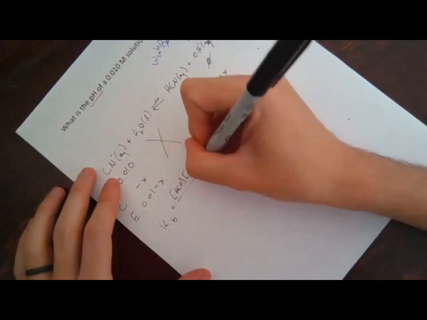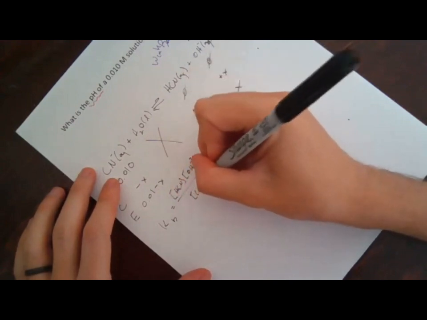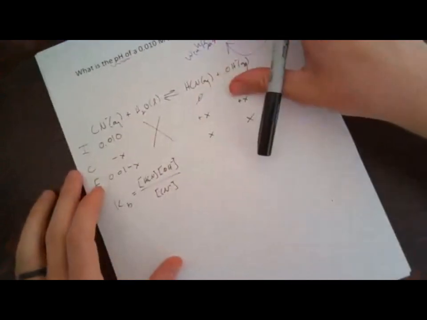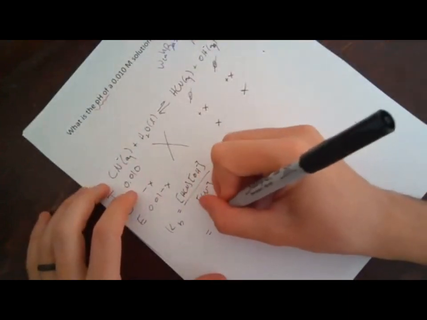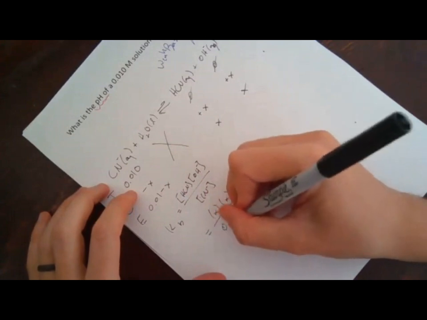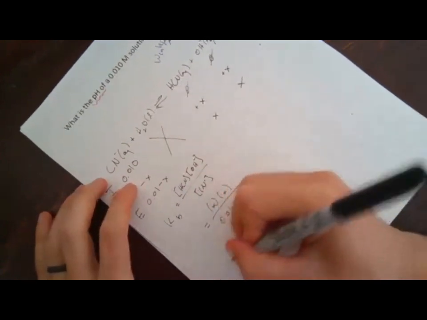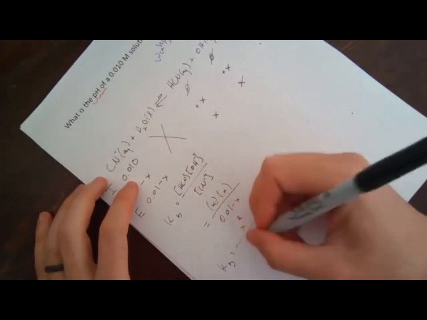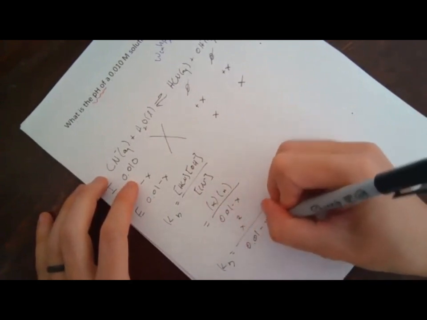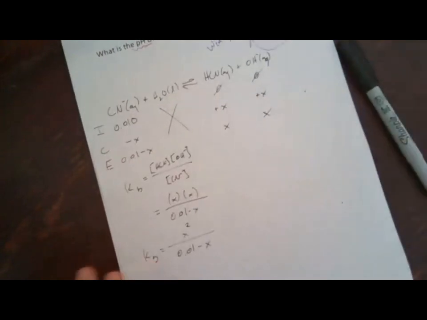So hydroxide is one of my products, and CN minus. And I can go ahead and plug those values in. I get X and X over 0.01 minus X. So this tells me that Kb is equal to X squared over 0.01 minus X.